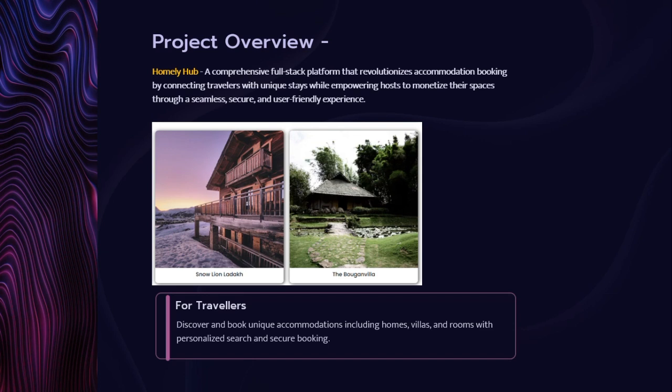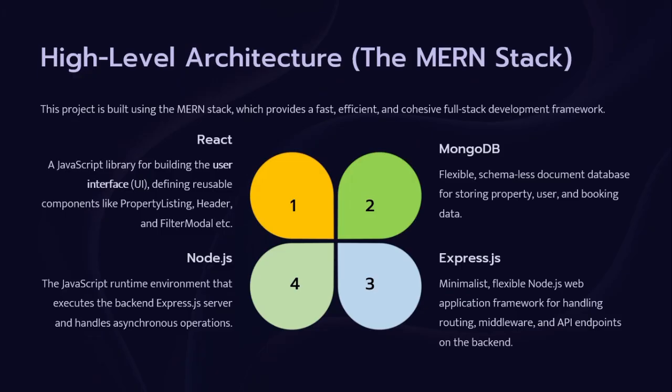Now let's talk about the technical architecture. The entire system is built using the MERN stack, which includes four key technologies that work together to create a full stack web application. Number one, React.js.